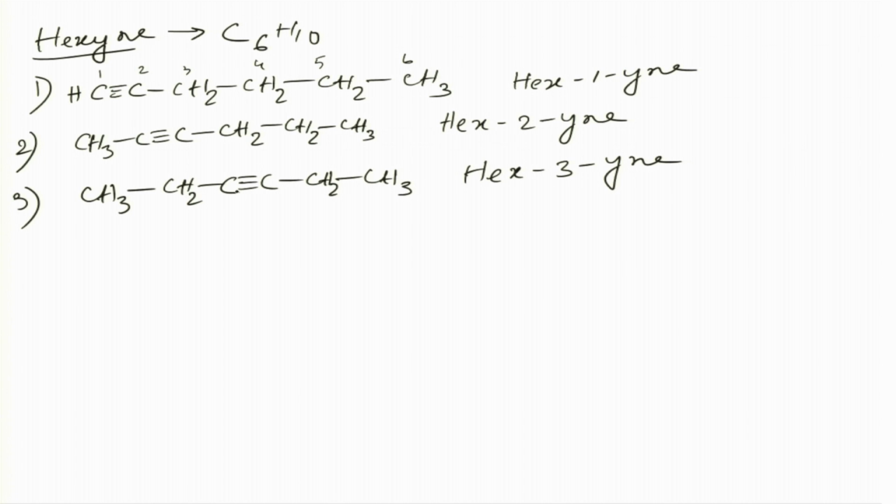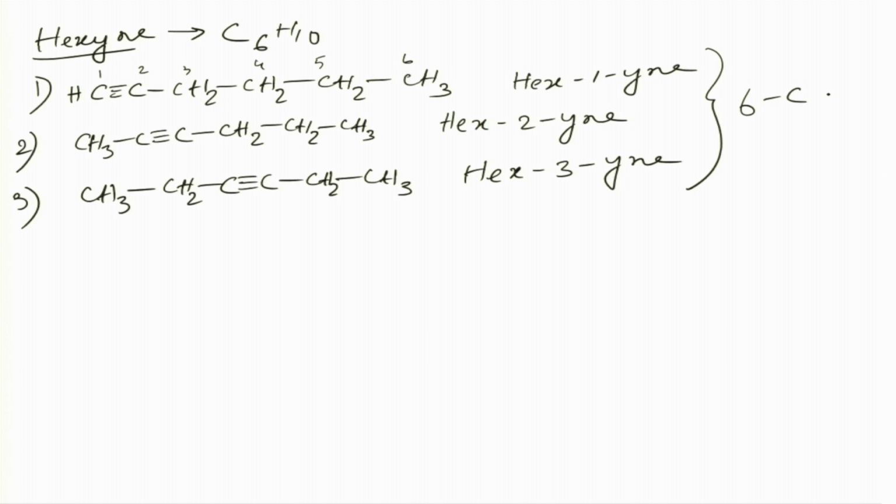If we again move the triple bond to the next carbon, we get structure 2 again. So, these 3 are the positional isomers of hexyne which have a 6 carbon chain.